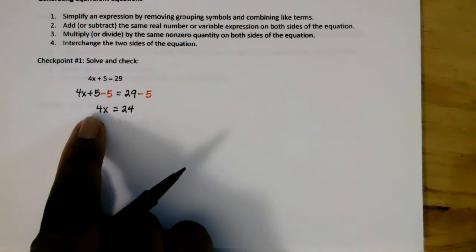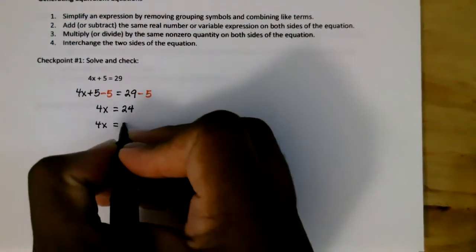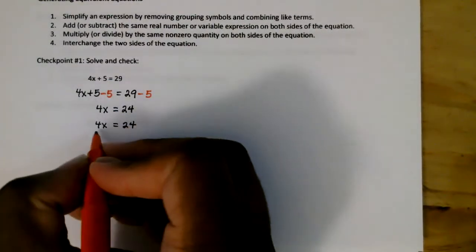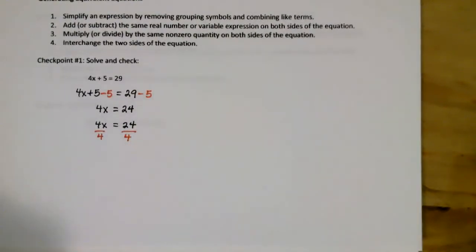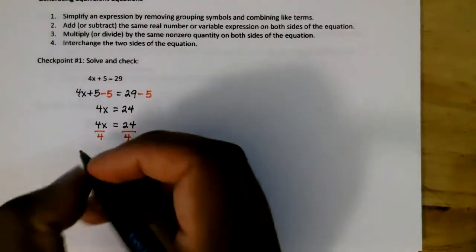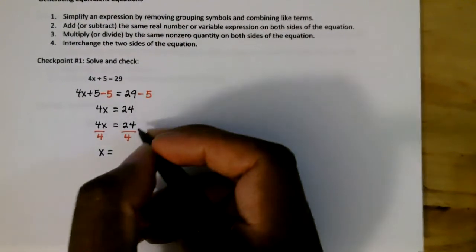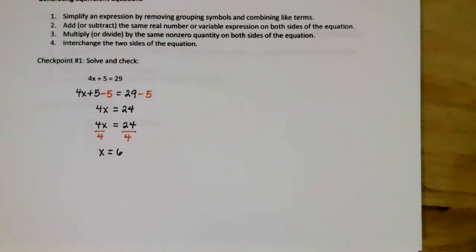I'm multiplying it by 4, so I need to divide both sides of this equation by 4. 4x divided by 4 is just x, and that's equal to 24 divided by 4, which is 6. So x equals 6 is my proposed solution.